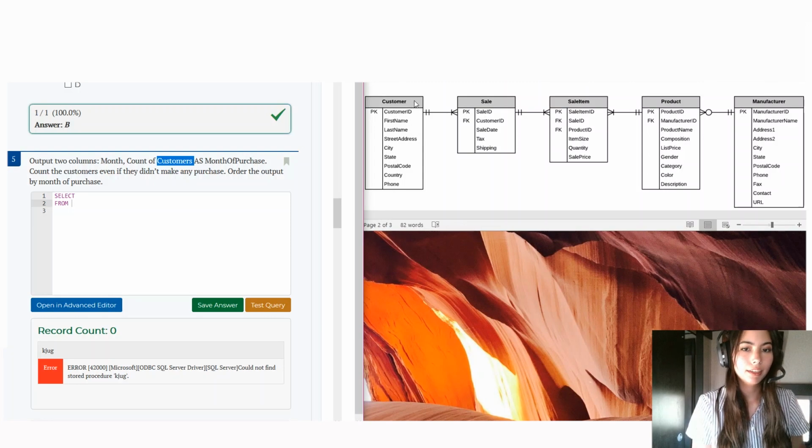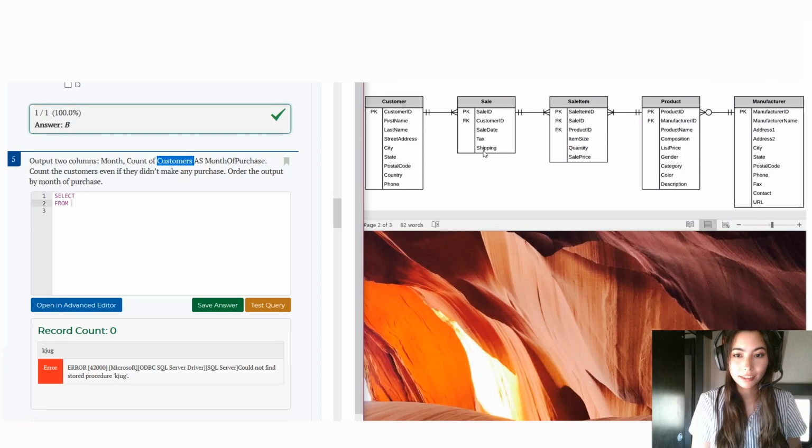So we know that entity customer is a definite. So we look within customer entity and look at its attributes to see if it has anything where I can grab a day from or a date. And it doesn't look like it. But if we move over to entity sale, it looks like I can grab date.